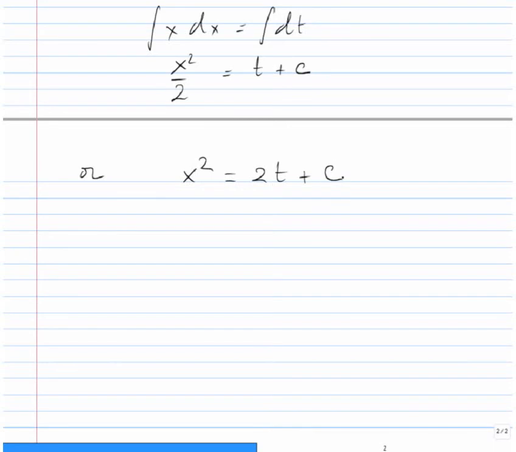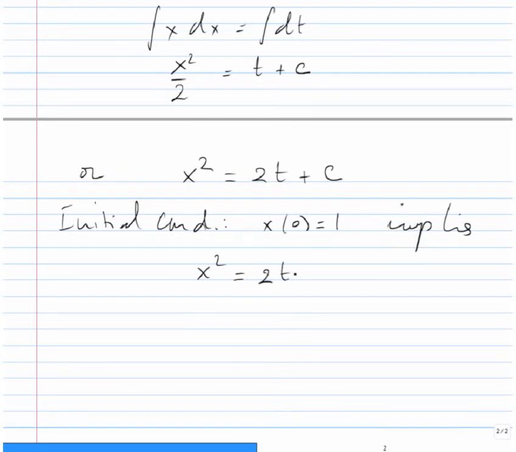It doesn't matter whether you have 2c or c, it's just a constant. Now, the initial condition x(0) equals 1 implies x squared equals 2t plus 1, since c is equal to 1 squared, which is 1.